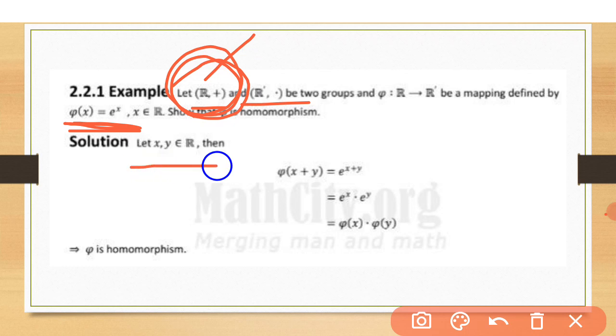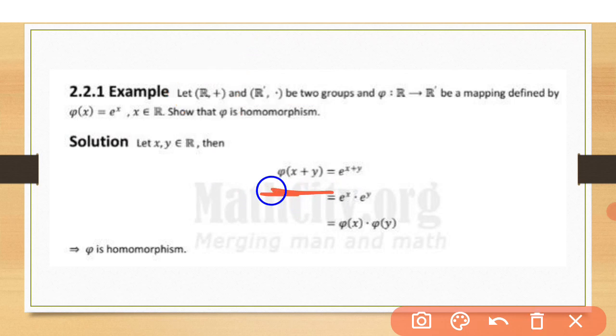Let x, y belong to the real numbers, then phi will be applied to x plus y because the first group, which is the domain, is with respect to addition. Now we start from plus and we will end on multiplication, because dot is multiplication.